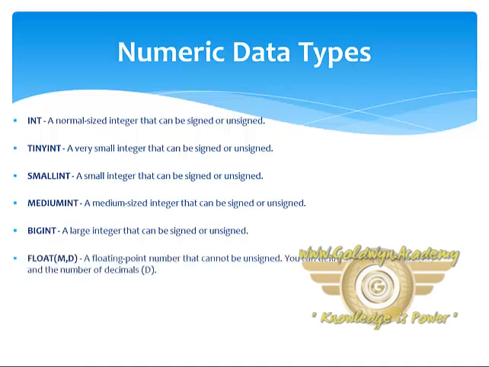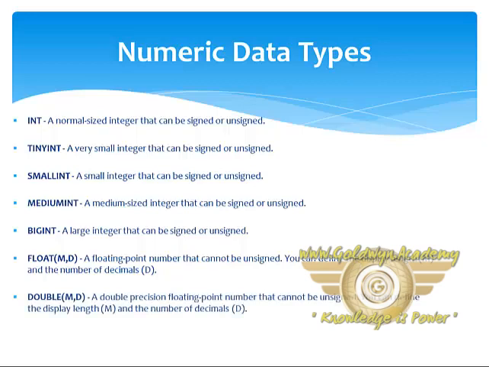Float, a floating point number that cannot be unsigned. You can define the display length by M and the number of decimals by D. Double, a double precision floating point that cannot be unsigned.